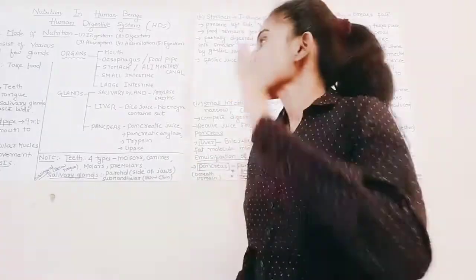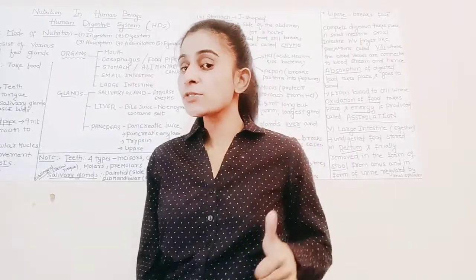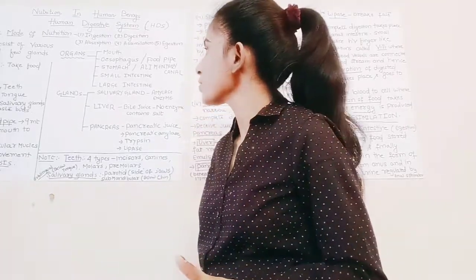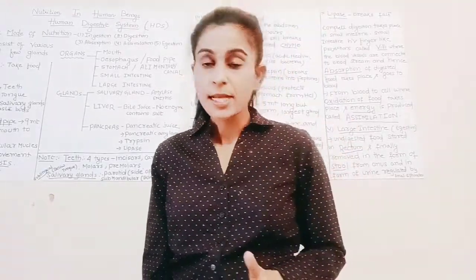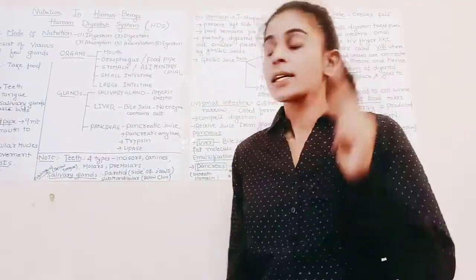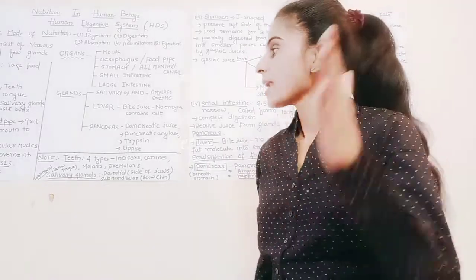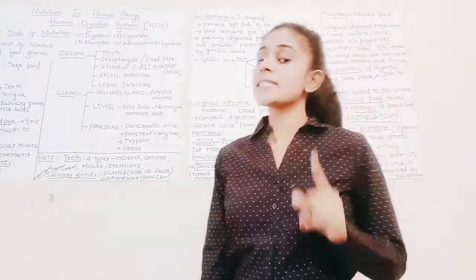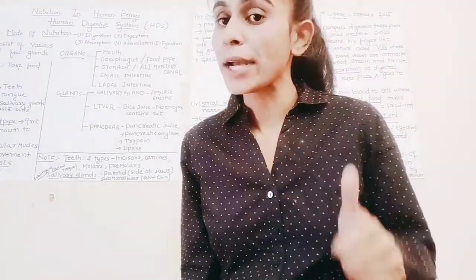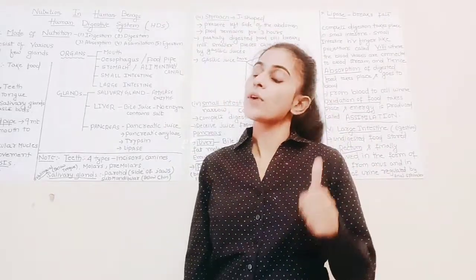So the first organ is your mouth, second the esophagus, third the stomach, fourth the small intestine, and fifth the large intestine. Let's discuss the organs one by one for the process of digestion.